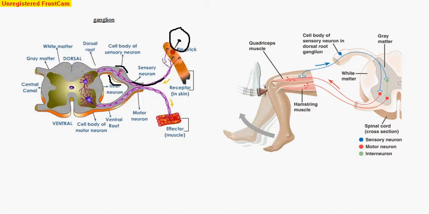So the synaptic knobs, together with the dendrites on the motor neurons, which receive the stimulus from the synaptic knobs of the sensory neuron.